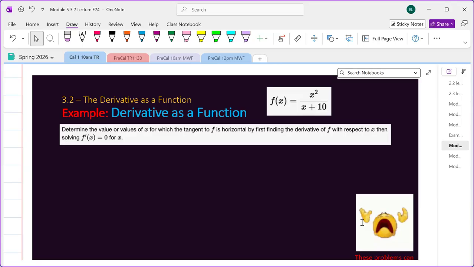So when the tangent line is flat, when the derivative is equal to 0, that is where we have a tipping point for our slope of the tangent line. That tipping point is either the top of a hill, or if we were looking at a normal parabola, we're swooping down, and then it'll bottom out before we start swooping back up again.